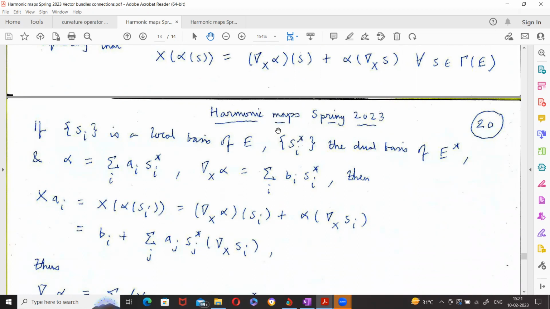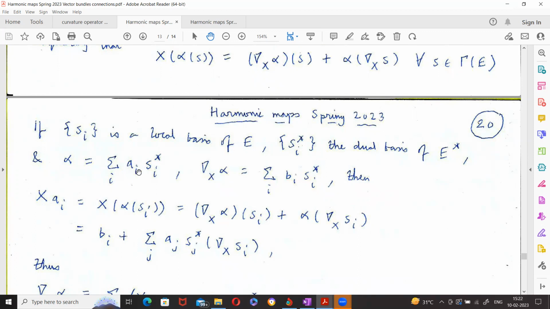So then any alpha I can write as sum over i, A_i S_i star. Now my nabla X of alpha, this is going to be also sum of B_i S_i star. Both are sections of the dual bundle, so I can write them with respect to the basis S_i star of the dual bundle.